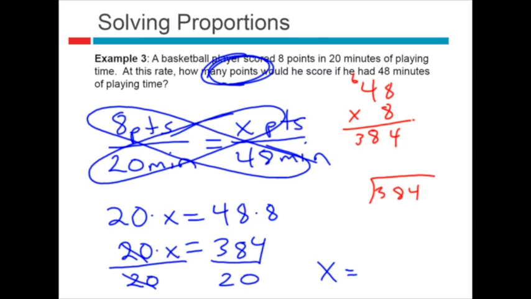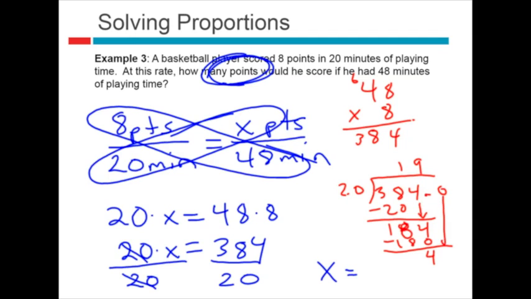384 divided by 20. So 20 goes into 38 one time, minus 20. That'll leave me with 18. Doesn't look like an 18, does it? There we go. A little better. And bring down the 4. 20 goes into 184 9 times. 9 times 20 is 180, which leaves me with 4. And I can add a decimal point and bring down a 0.